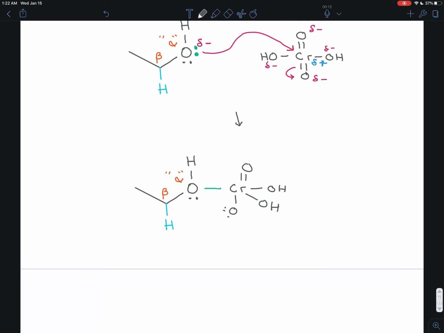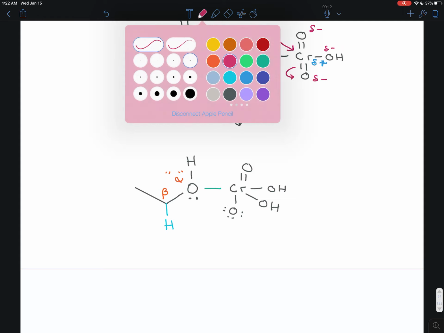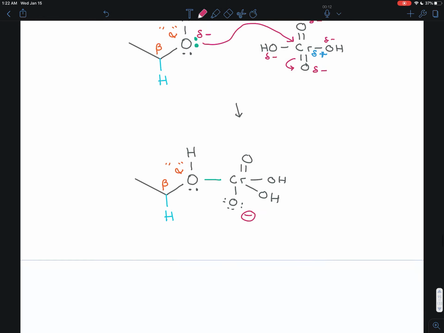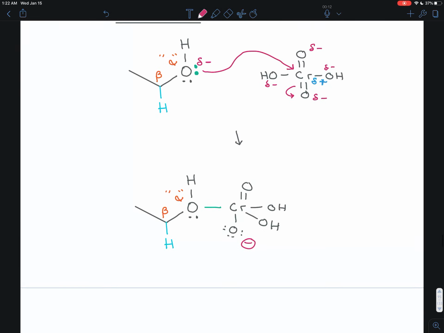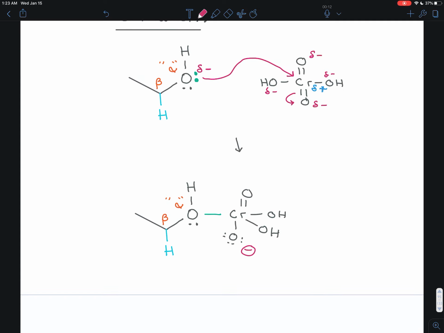That oxygen will have 3 lone pairs and a full negative charge. Okay, so that's where we're at after that first step.